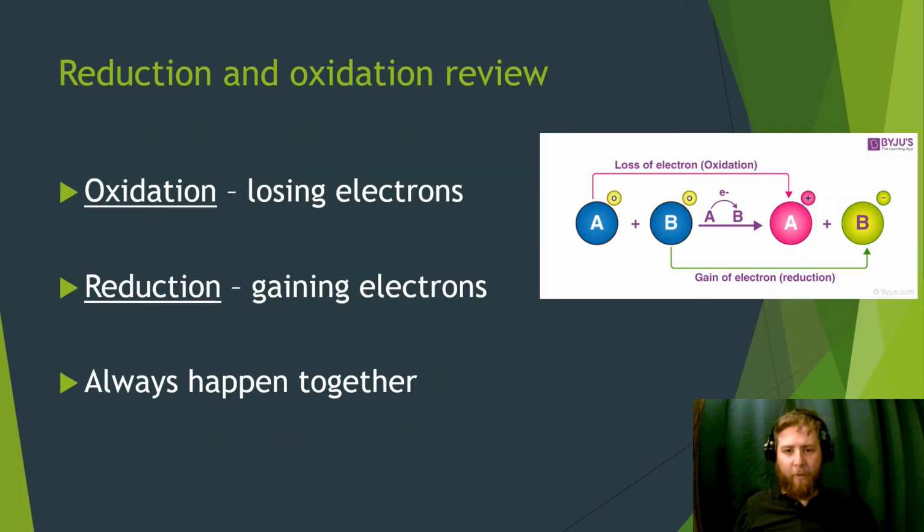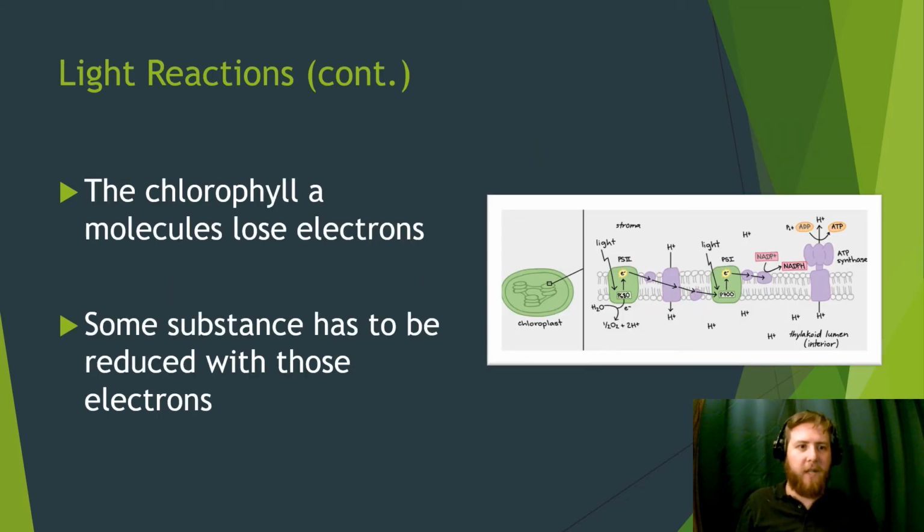We need to talk about a real quick reduction and oxidation review. Remember that oxidation reactions involve losing electrons, and reduction involves gaining electrons. And these things always happen together. So when this one loses an electron, it becomes more positive. This one gains an electron and becomes more negative. All right, so the chlorophyll A loses electrons, so it is being oxidized.